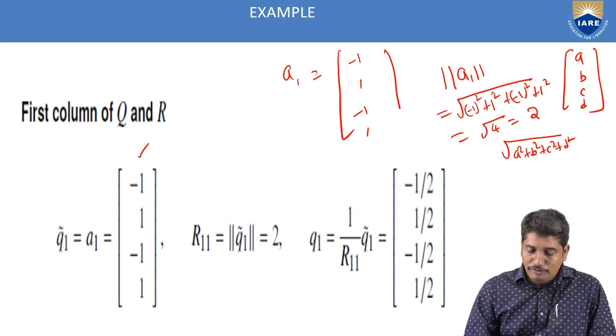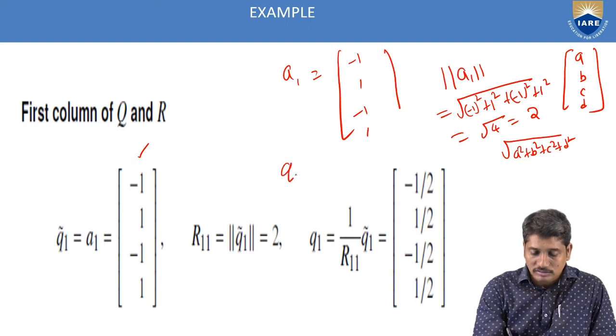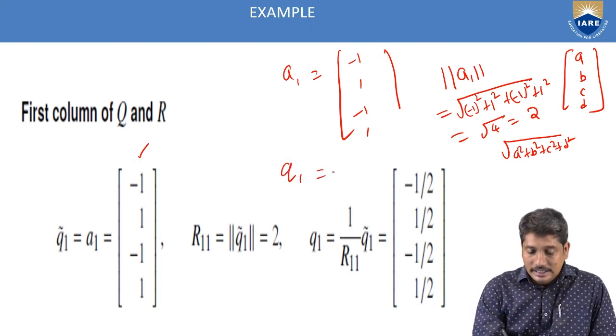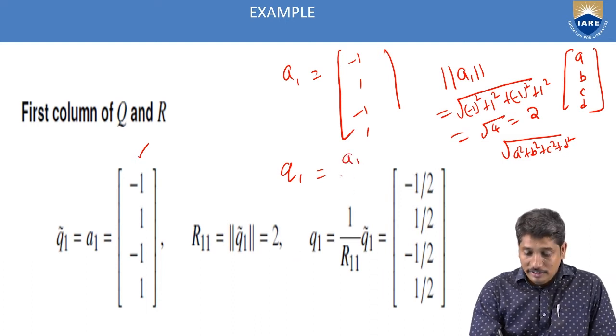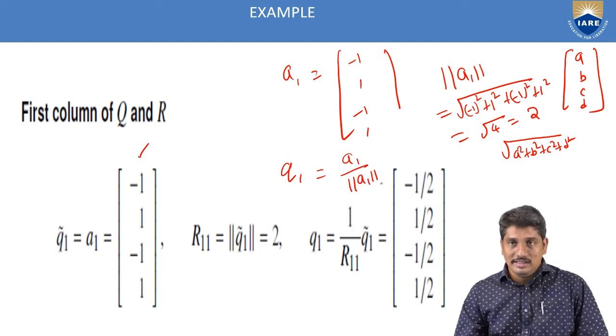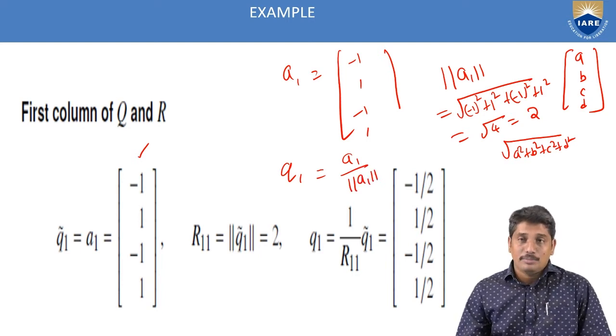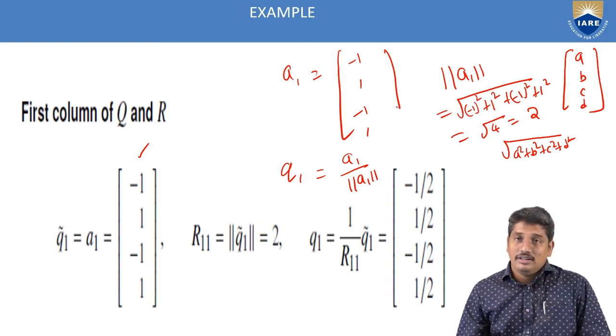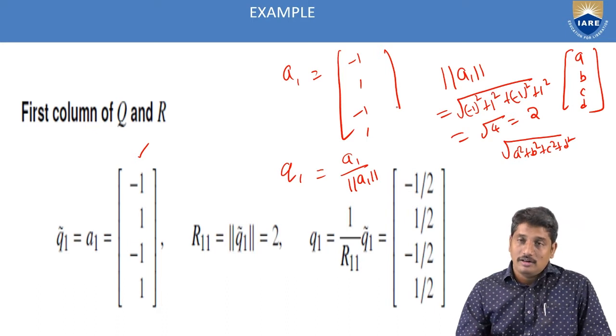Now I am going to define a vector q1 as the vector a1 divided by its norm. That means q1 is nothing but a1 by norm a1, where every component of a1 is divided by norm a1.